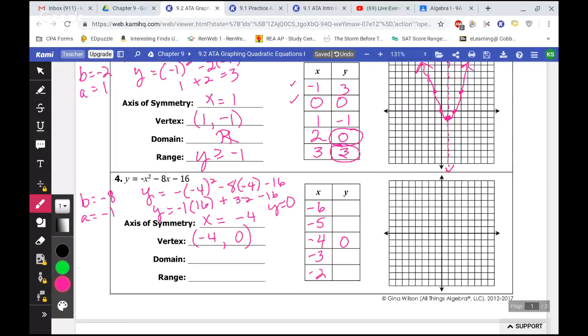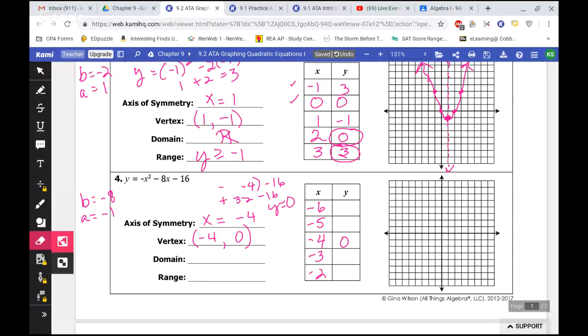All right. Which of these numbers would seem to be easiest to work with for plugging it back in? Negative 3 and negative 2, or negative 5 and negative 6? Which ones do you all want to use to plug back in?